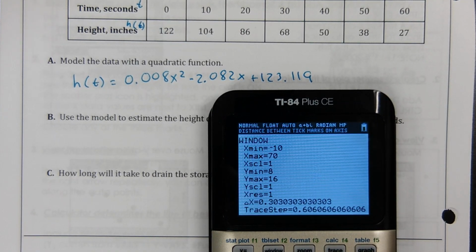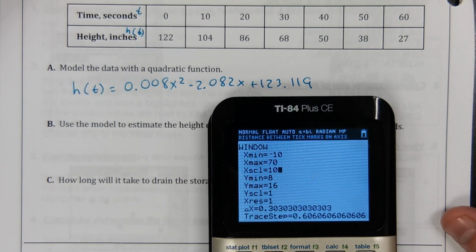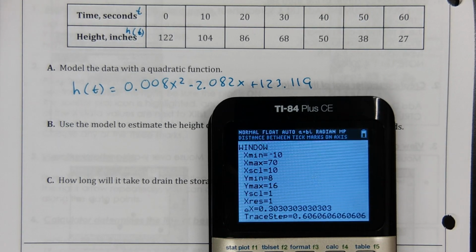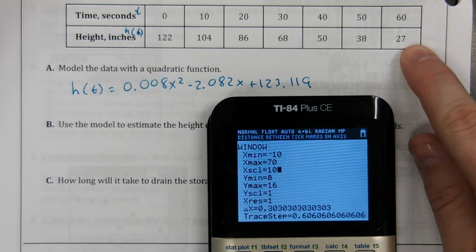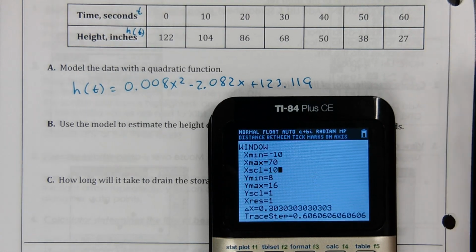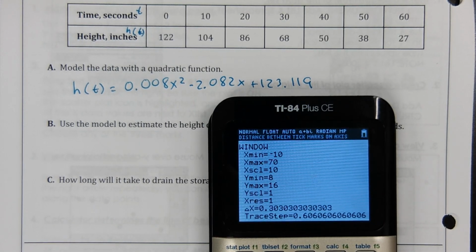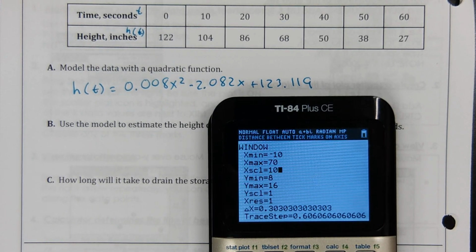I guess we could count by tens. Sure, let's count by tens. You can count by tens or fives or whatever. Now your y values, I mean, that's the smallest one, and that's the highest one because, well, this thing is draining over time, isn't it? But I'd kind of like to see the whole picture, if you would. So again, even though there's not a possibility for negative heights, I'm going to dip below this to like -10 or something like that.